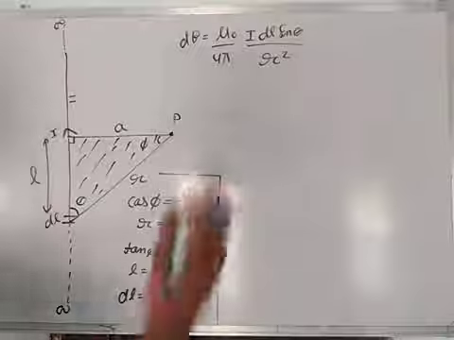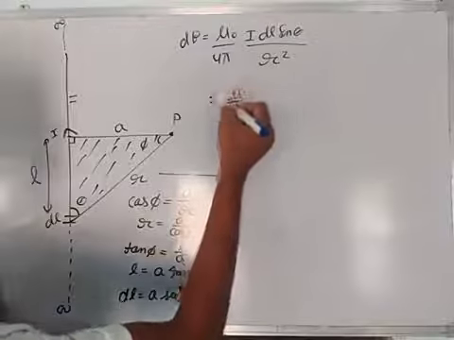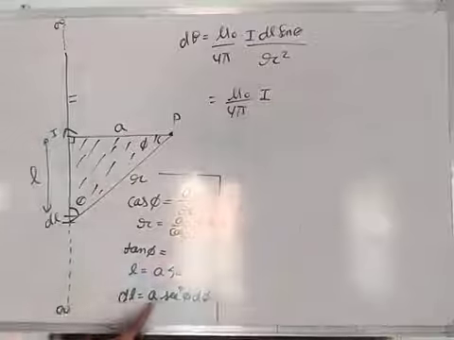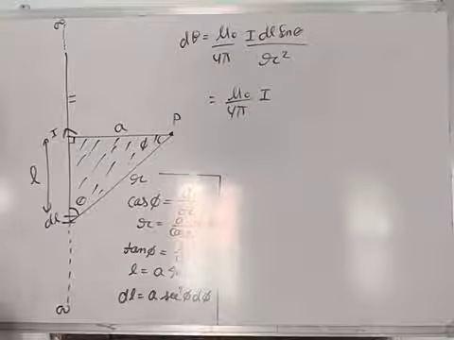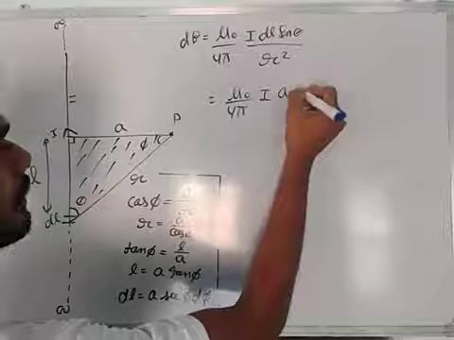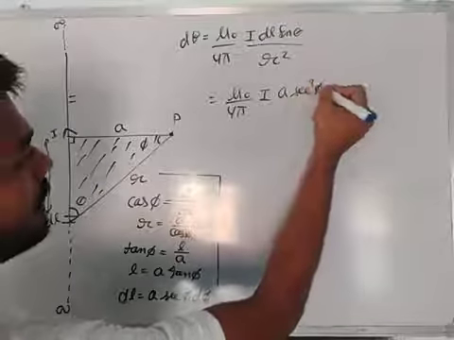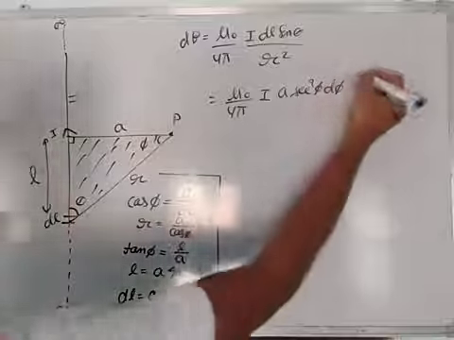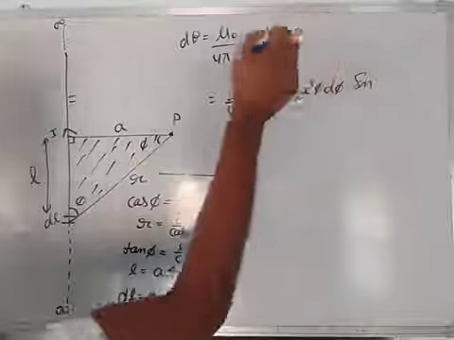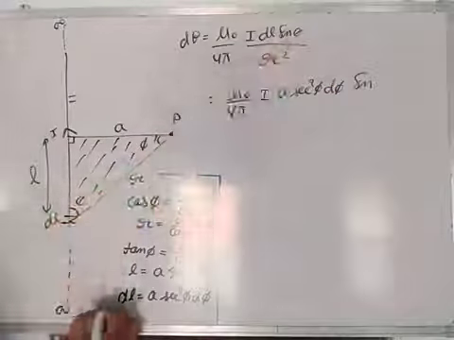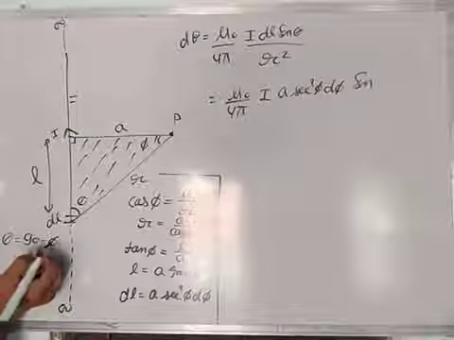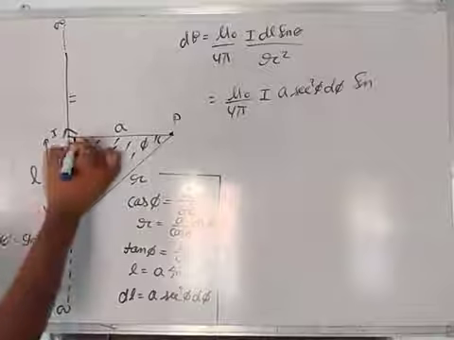Substitute these values. Mu naught upon 4 pi I dl. dl is equal to a sec square phi d phi. Sin theta, we are going to substitute theta is equal to 90 minus phi from this triangle, because this is a right angle triangle.